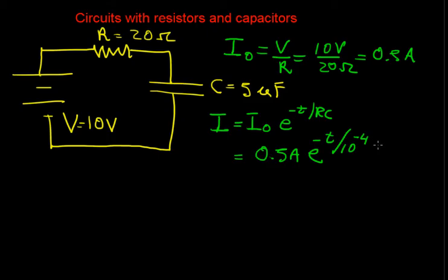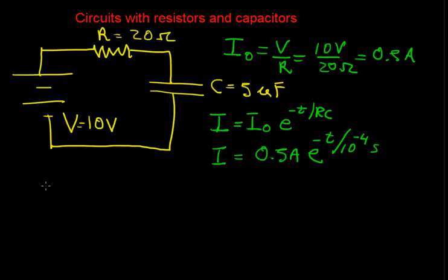And the units for this come out to be seconds. It turns out that farads times ohms gives you seconds. And so if I want to know the current at any time, I can just plug into this equation.